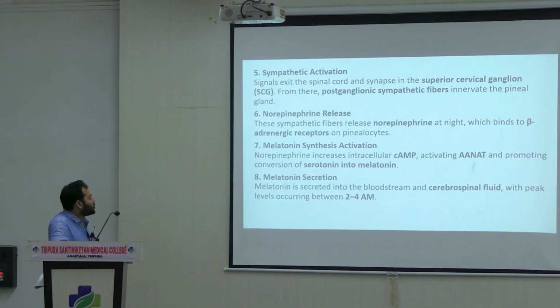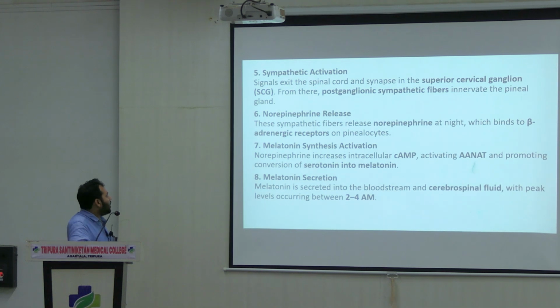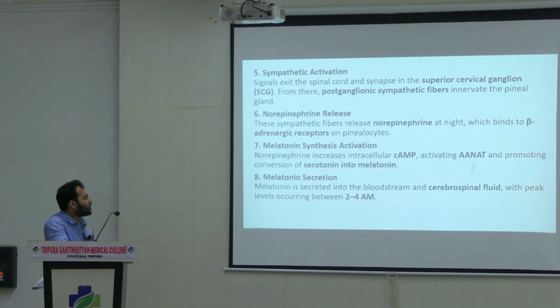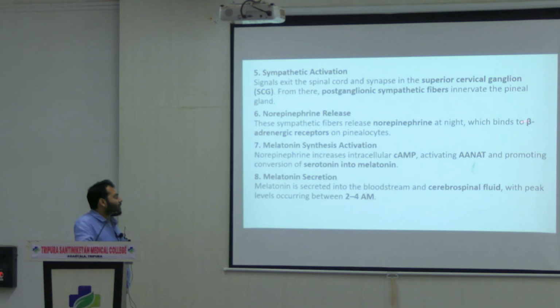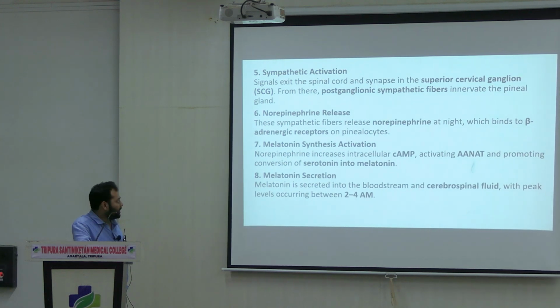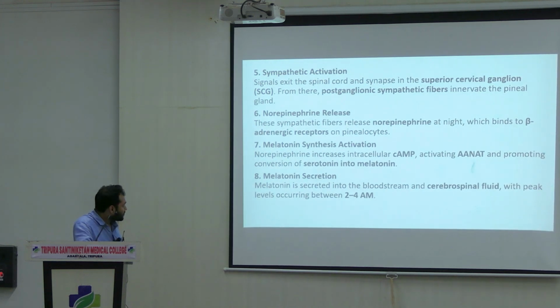And once it reaches the pineal gland, there is a secretion of a certain type of catecholamine, right? Mainly, this sympathetic fiber releases norepinephrine during darkness, and that binds to a specific type of receptor present on the cells of the pineal gland, that is pinealocytes.